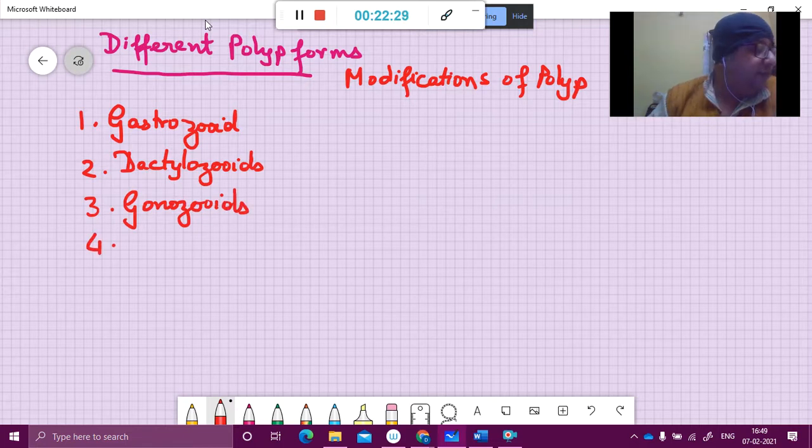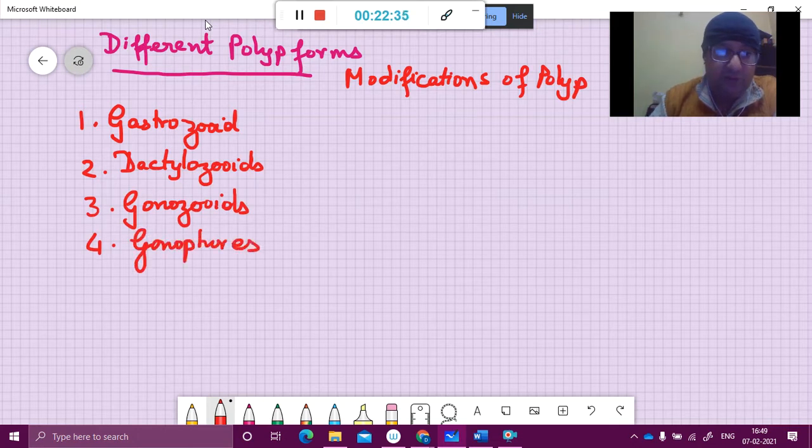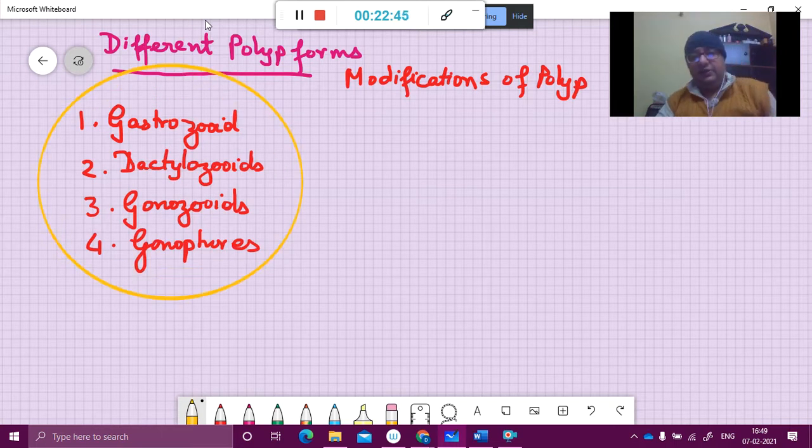The fourth polyp form are the gonophores. So all these essentially are the polyp forms. But these forms also have variations.